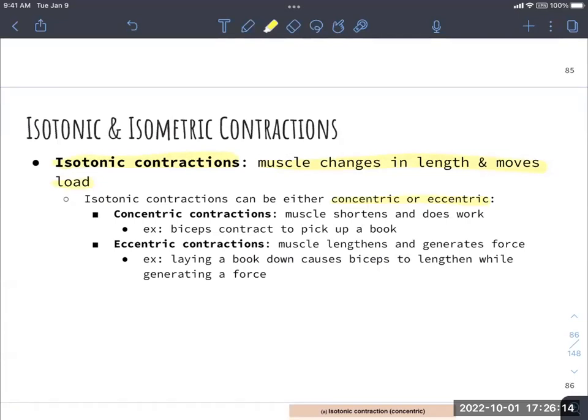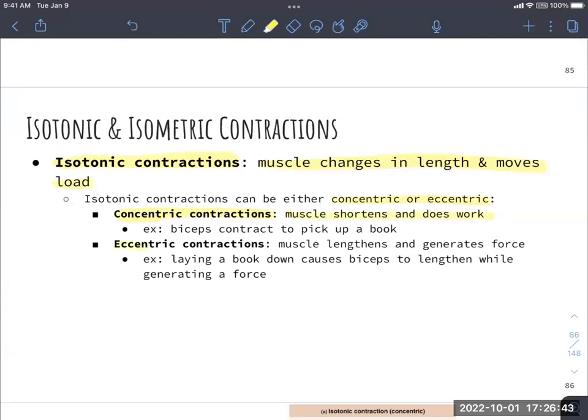A concentric contraction, your muscles are going to shorten and do work. Picking up your phone, that's a concentric contraction. Picking up your TV remote, picking up your computer, picking up a book, those are all concentric isotonic contractions.